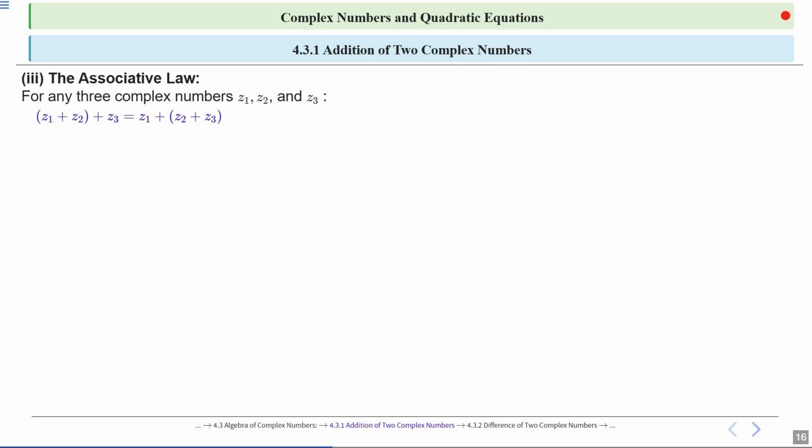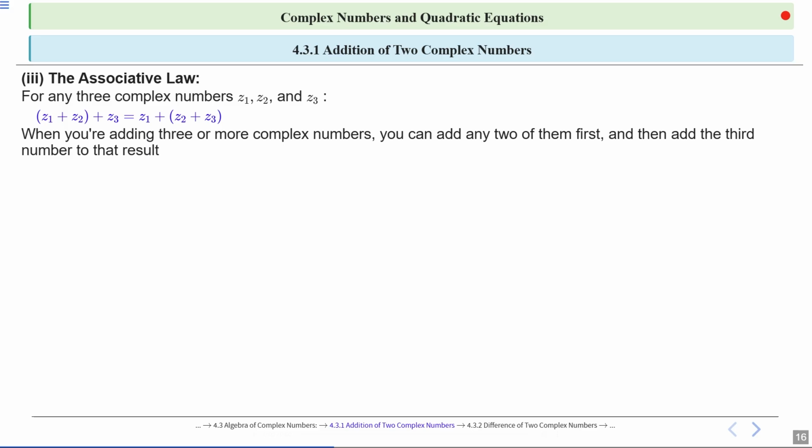So here is the associative law written as an equation: (Z1 plus Z2) plus Z3 equals Z1 plus (Z2 plus Z3). Notice that the grouping changes, but the numbers themselves and the operation of addition stay the same. So this is what makes addition associative.